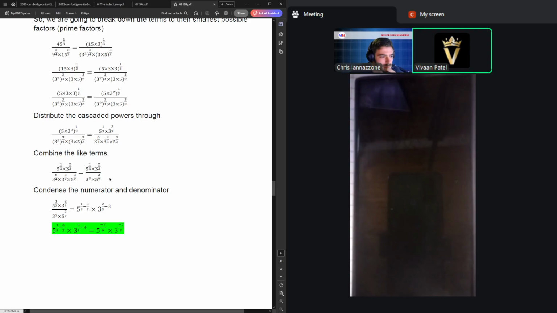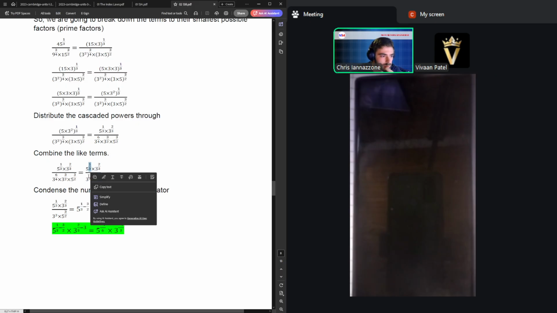What do you think? There's a bit of flexibility around here in how you handle that. What do you think is more appropriate? Keeping it as a fraction and then doing subtraction, or splitting it off as negative indexes? I think keeping it as a fraction and then just minusing it. Yeah, okay, cool.